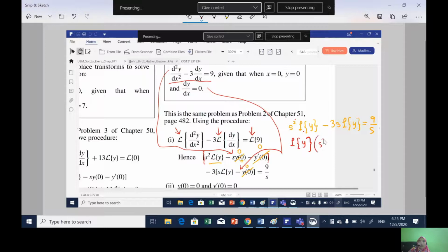Now in the bracket we have s squared minus 3s, equal to 9 over s. So the other part, we bring to the other side, then we have 9 over s squared minus 3s. If we want to find the solution of y, we find the inverse of the right hand side.